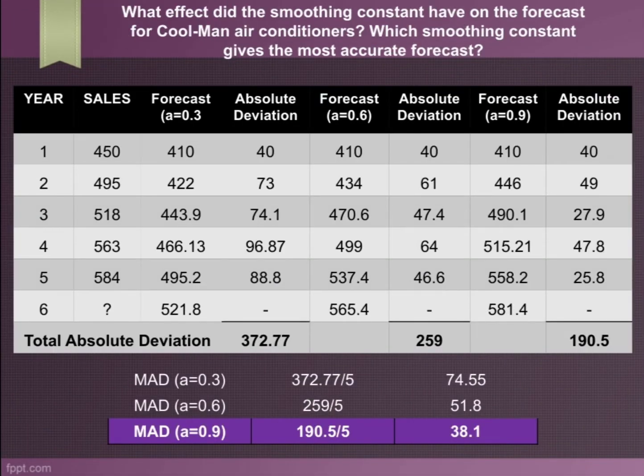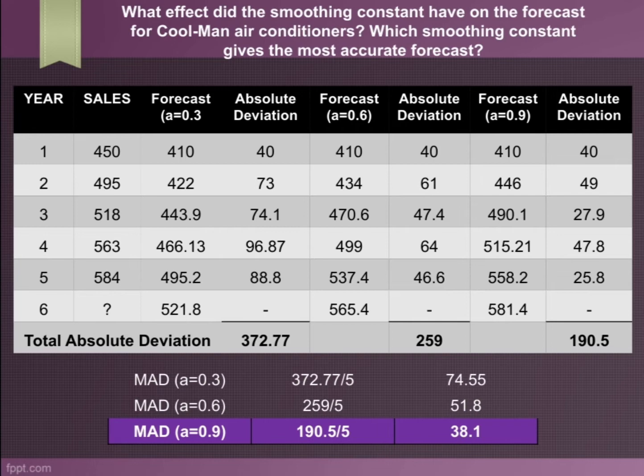The third question is, what effect did the smoothing constant have on the forecast for Coolman air conditioners, and which smoothing constant gives the most accurate forecast? So here is the table showing the computation of the absolute deviation of each forecast using different alphas.